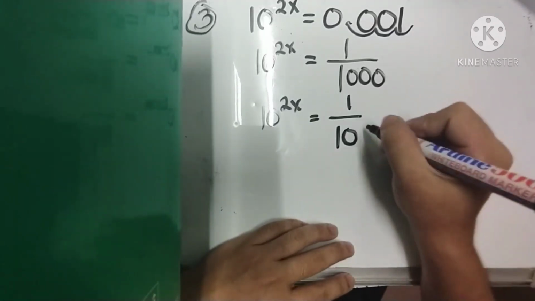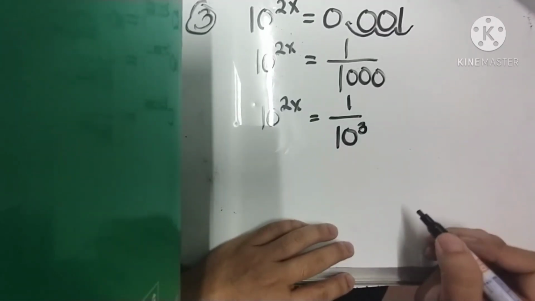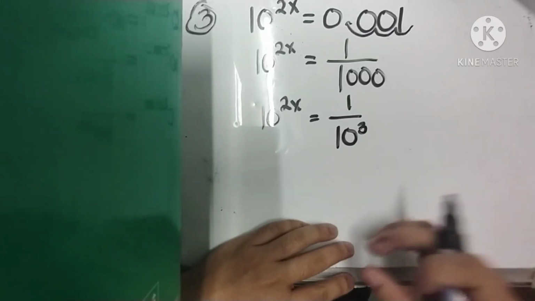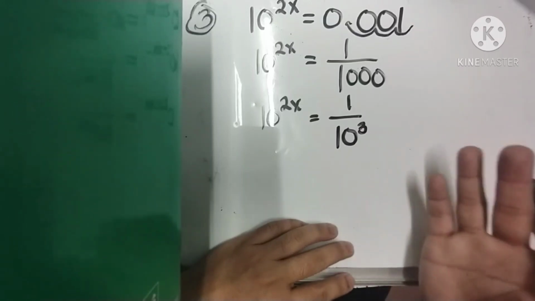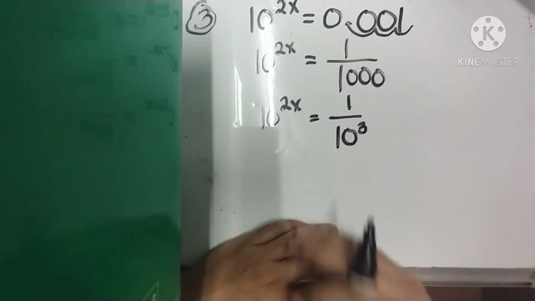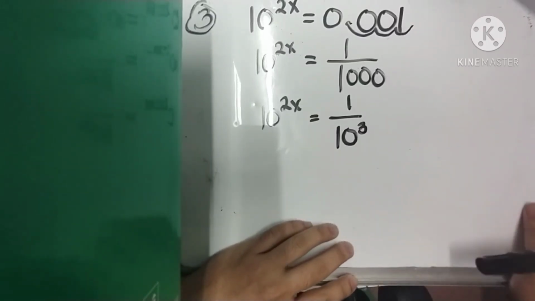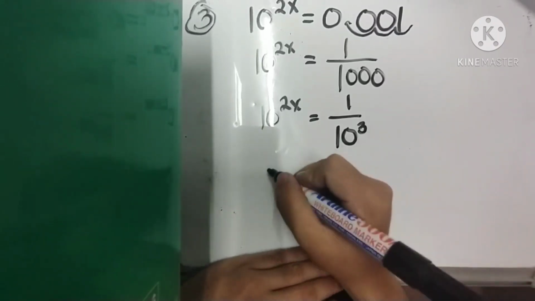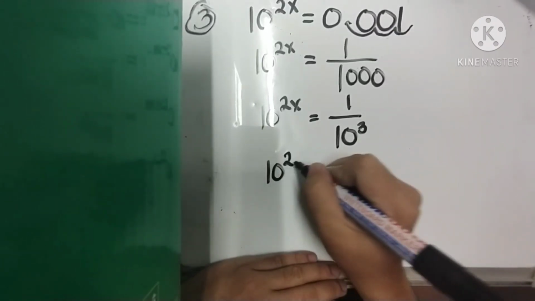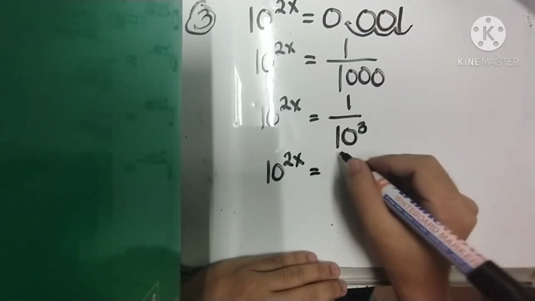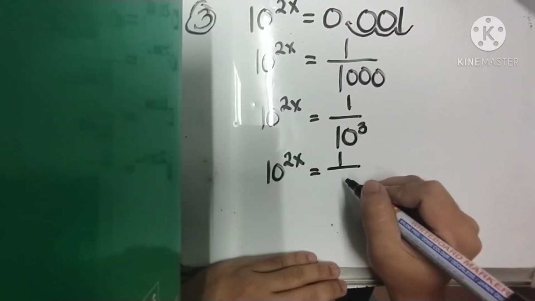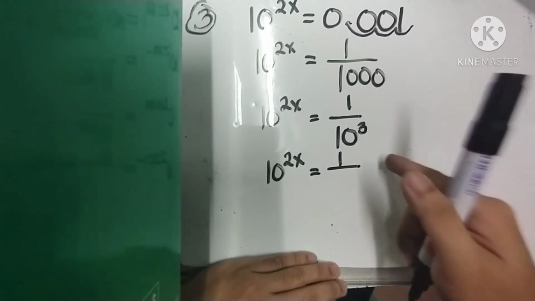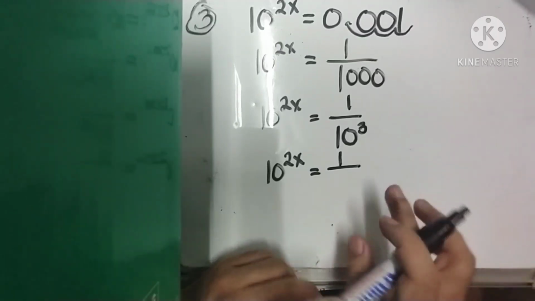This is positive 3. So 10 cubed, or 10 to the power of 3, can be expressed as 10 times 10 times 10. Now 10 times 10 is 100, times 10 is 1,000. So this will become 10 to the power of 2x is equal to 1 over 10 to the power of 3.